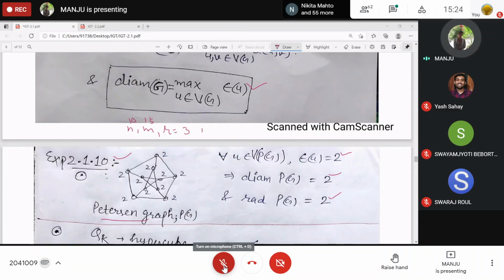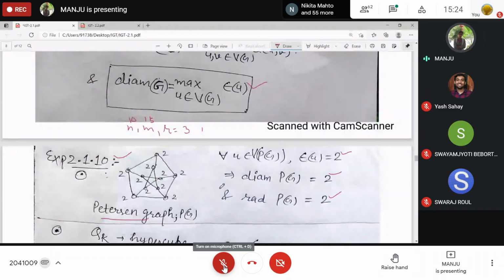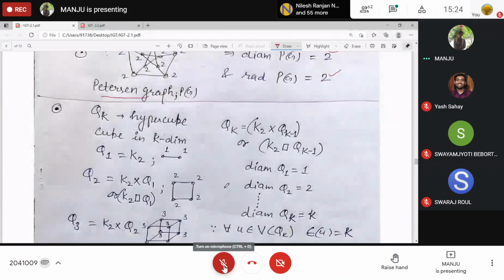Okay, it's been 10 minutes. Now it is hypercube. So eccentricity in hypercube. Hypercube is cube in k dimension. For example, cube in 3 dimension you already know, right?